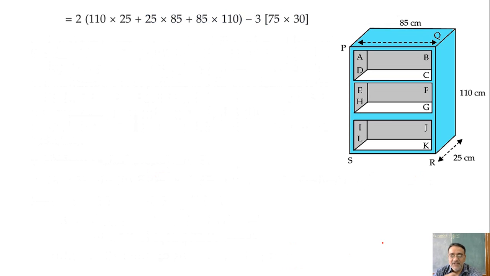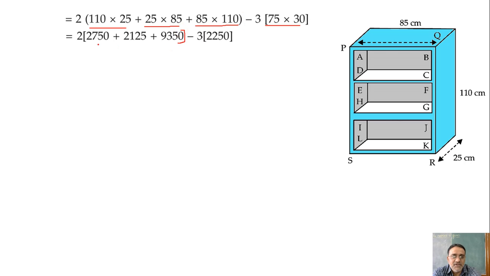Okay, fine. So now we will calculate this one. See, 2750 आ रहा है. 25 into 85, 2125, and this is 11 into 85. 85 into 11, 935 होता है. So 9350 minus 3 into 2250. Okay. Now यहाँ पे bracket है. Here the bracket is there.